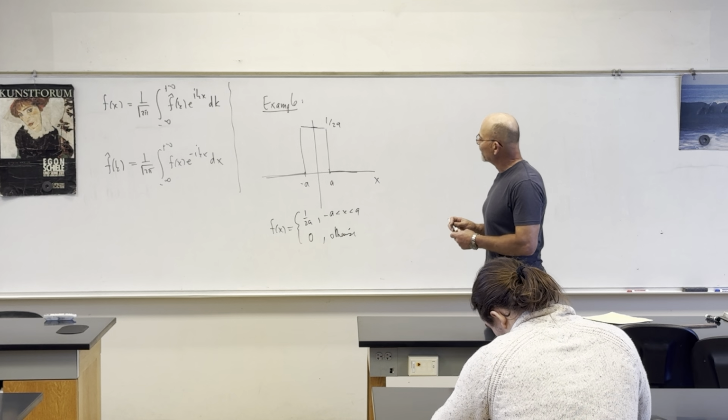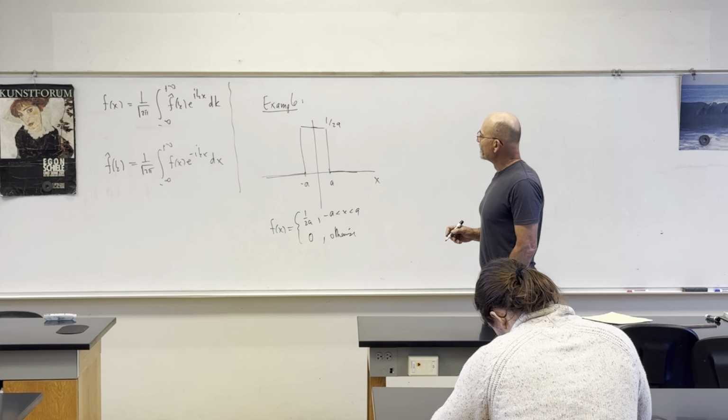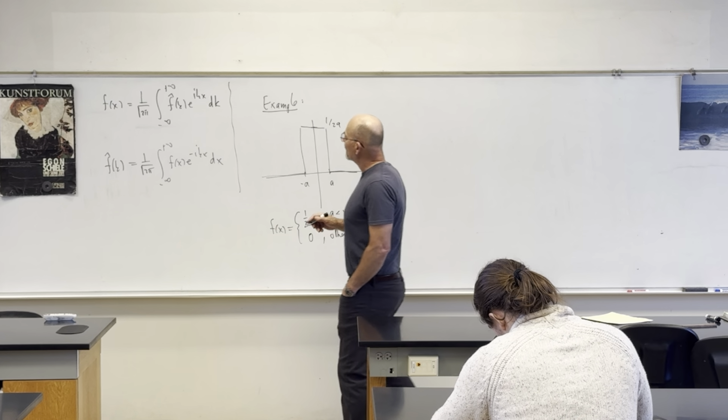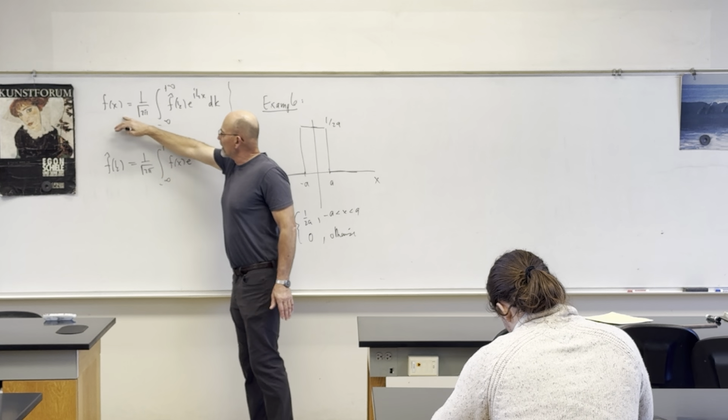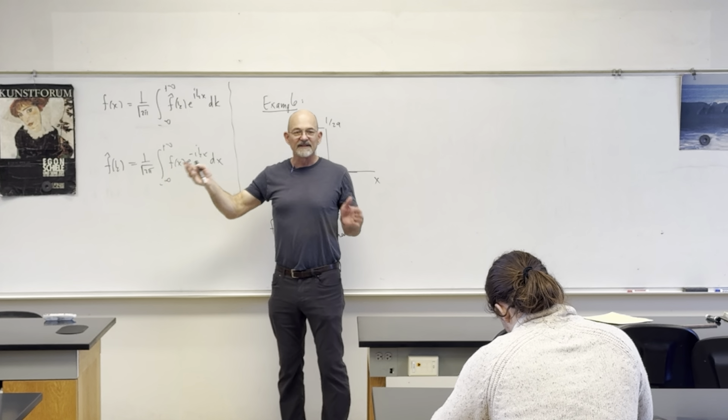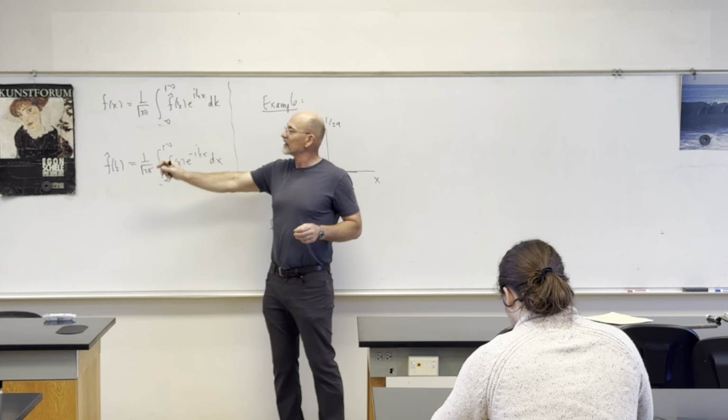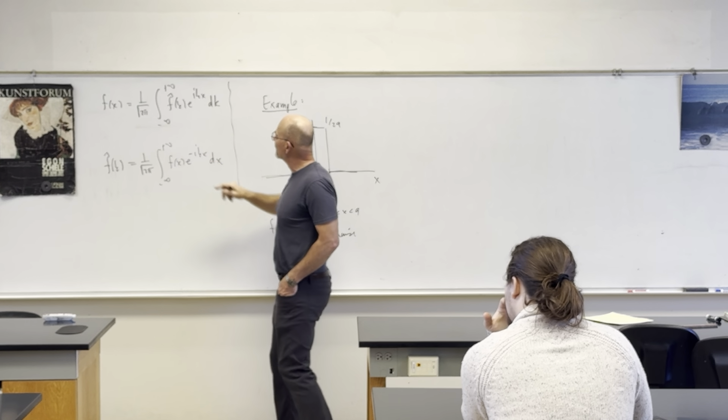So what about the Fourier transform of this? The idea should be pretty clear. We're trying to do the same thing we did with series, except with a continuous function, right? With both of these being continuous.